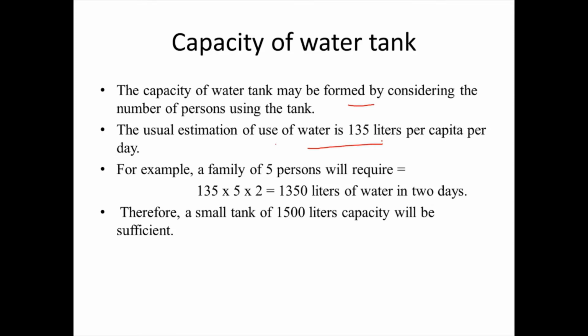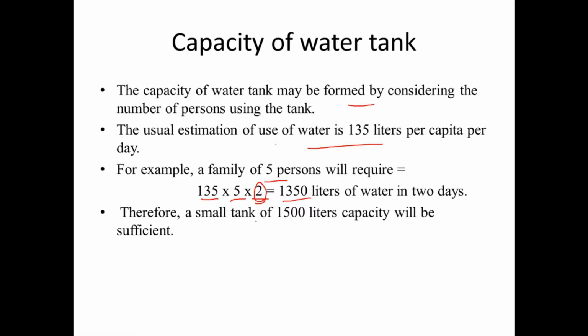And for example, if we have five persons in one family, then it is 135 liters, five persons, and 2 days. I am going to design the water tank to store water for 2 days. So 135 liters times 5 times 2 days gives 1350 liters of water required to be stored in the water tank.